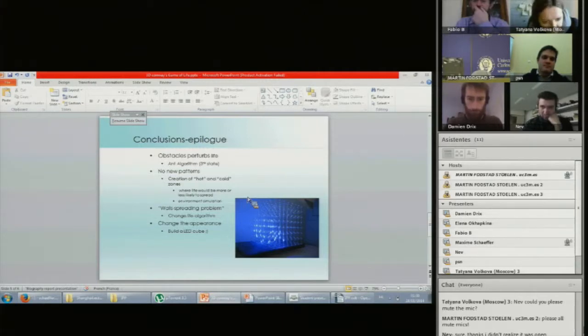We should also change the life algorithm itself because of this light spreading around walls problem. And maybe we can think of changing the appearance of the whole thing by building a lit cube like this one. So basically, it was all for this approach of life. Thank you very much for listening.